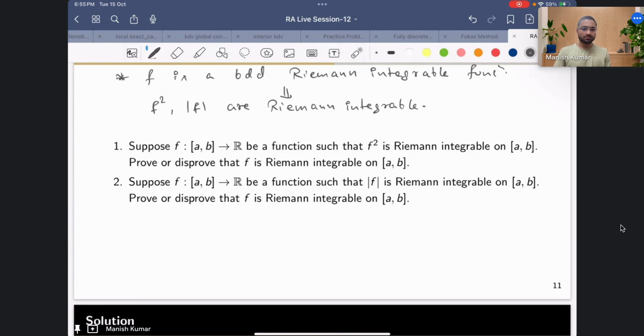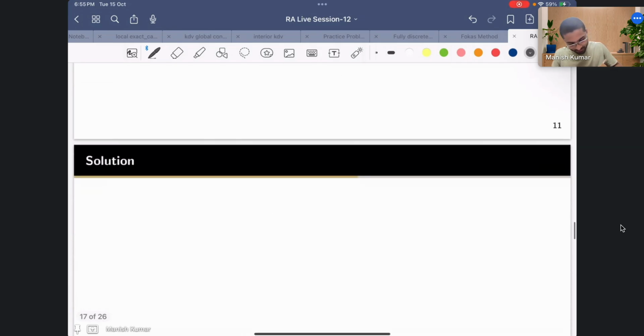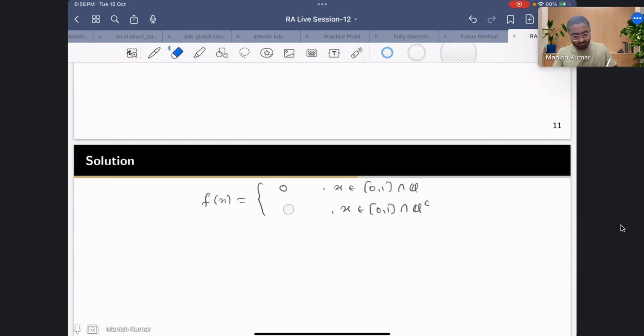Dirichlet function, sir. Yeah, so what will be the function? 0 if x belongs to 0, 1 intersection Q, and then on irrational, what do you want? x.